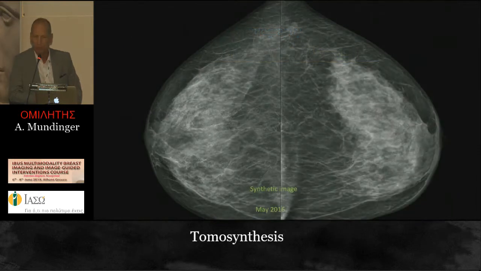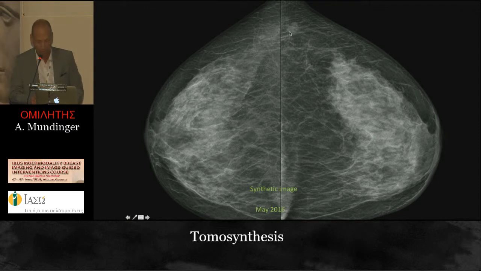And this was the first tomosynthesis we had in our breast center, and it was not our own tomosynthesis. Now we have a new Siemens system, and we are very happy with it. But you clearly see on these synthetic images there is a lesion, and this is a probable cancer, and here are some lymph nodes.